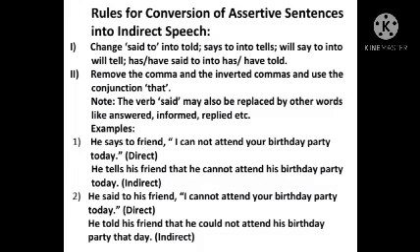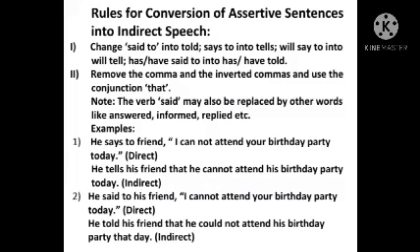Now, for different sentences, different rules are there. So, let's begin with assertive sentences. First rule: change said to into told, says to into tells, will say to into will tell, has, have said to into has, have told.